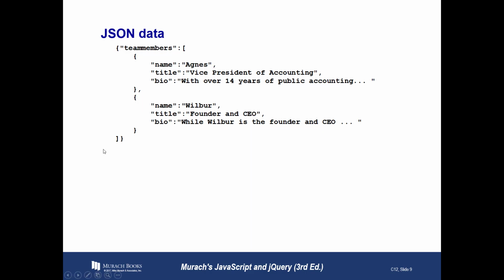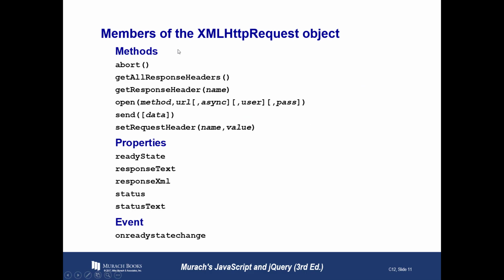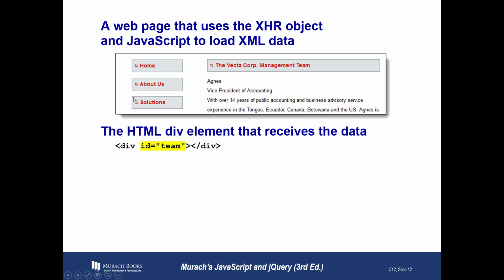The same kind of stuff here in JSON. People like this because if you've got any experience using object-oriented JavaScript, this doesn't look that different from object-oriented JavaScript. All right, so here are the members of the XML HTTP request object, things you can use with it. By no means do I say that I'm an expert in this.